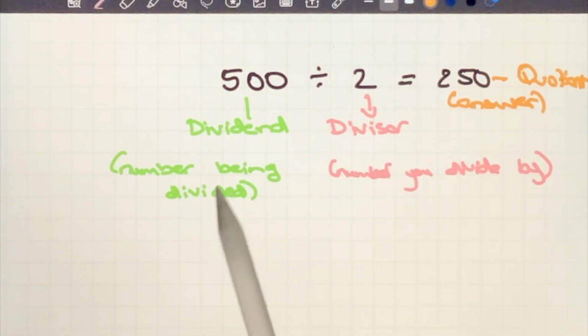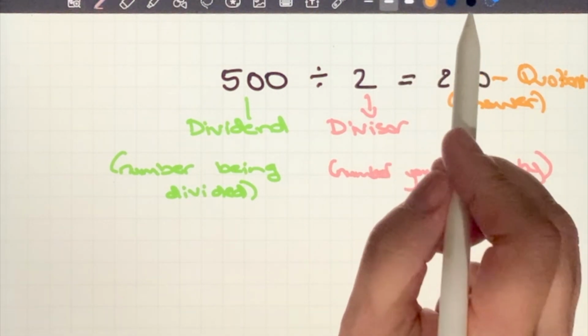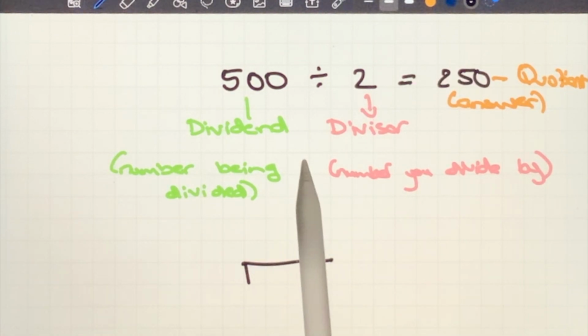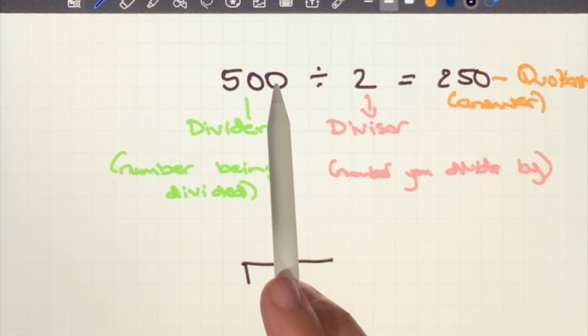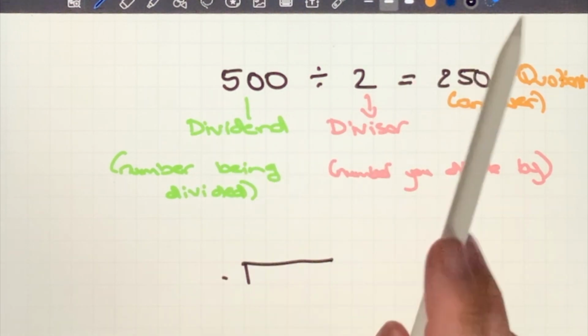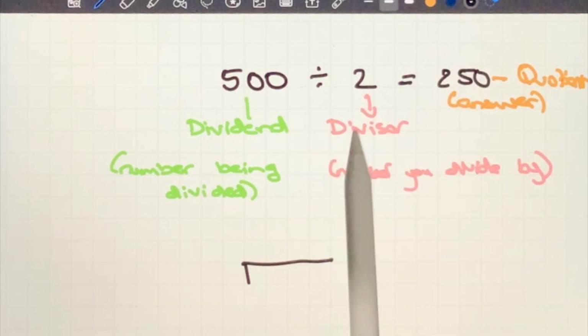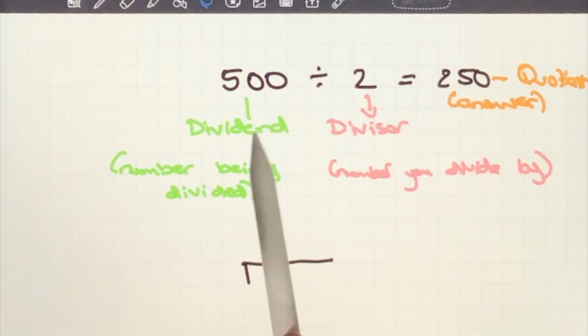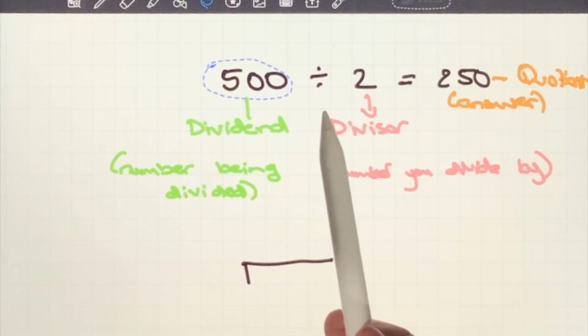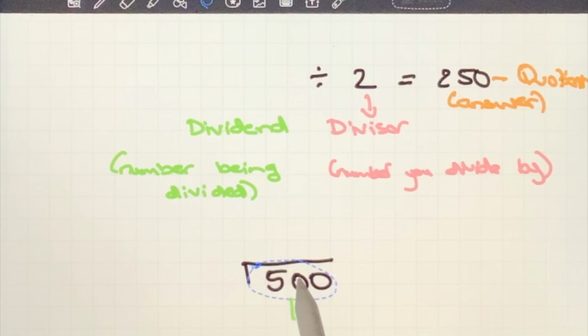Now, when you're setting up a short division problem, and you're going to put your numbers here, where students can make a mistake is by not knowing which number goes there versus outside. So, the dividend, which is the number that is being divided, is going to go here.